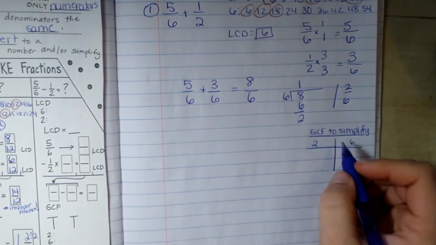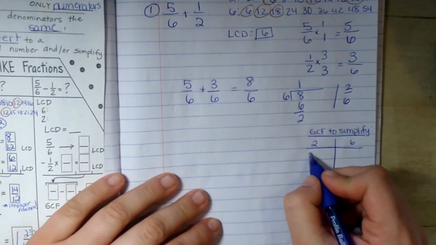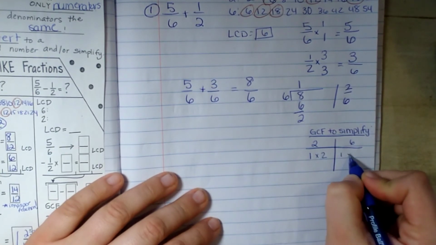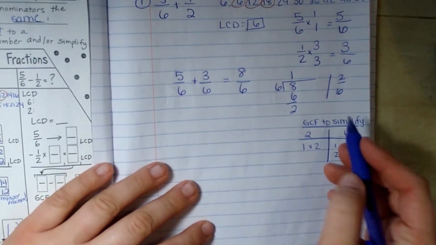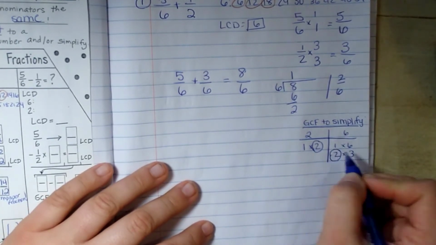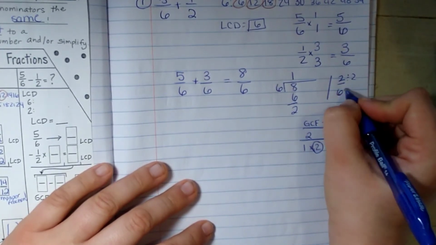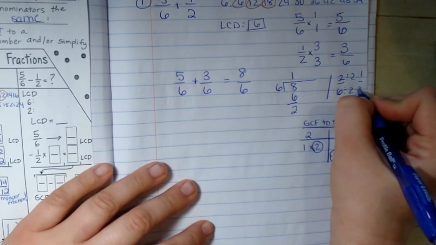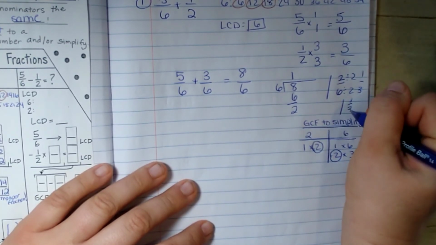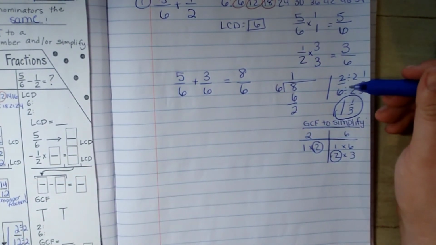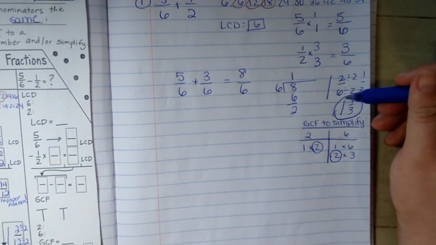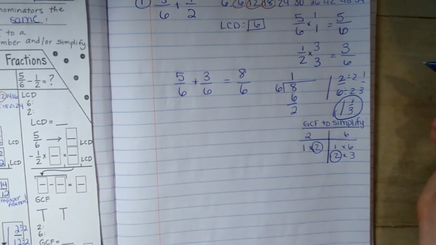What do I have to multiply together to get 2 and to get 6? What they have in common, that's the largest number, is 2. So I'm going to divide these by 2 to get my simplified answer. If you put 1 and 2/6, yes, it's correct, but it is not completely correct because it is not in simplest form.